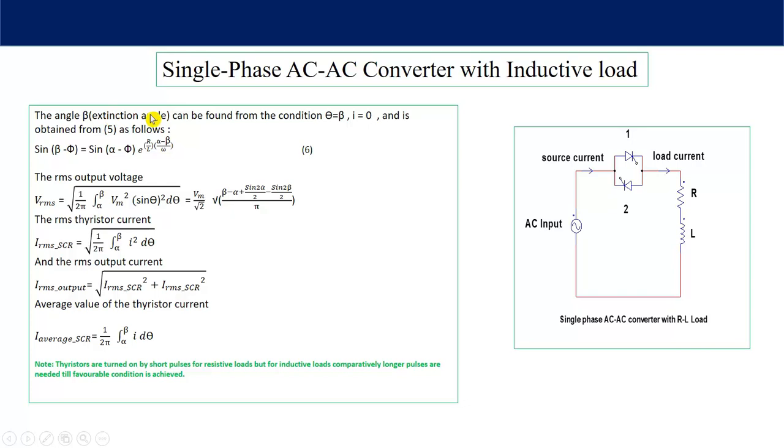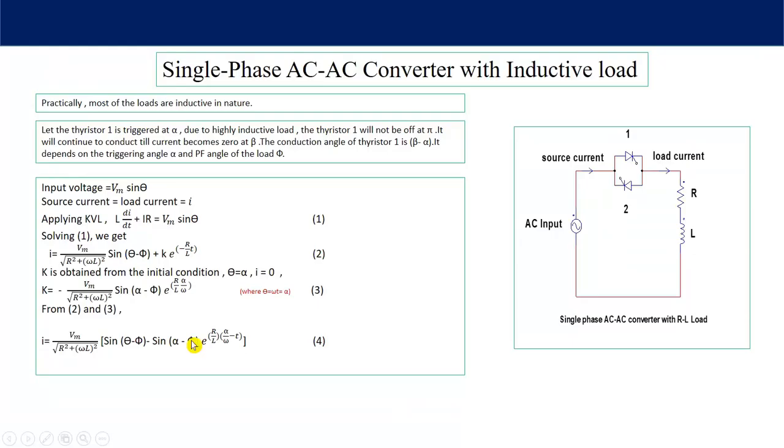The extinction angle beta can be found from the condition theta is equal to beta and I equal to 0. You can see here this equation. Just put I equal to 0 and theta is equal to beta. You will get that expression.